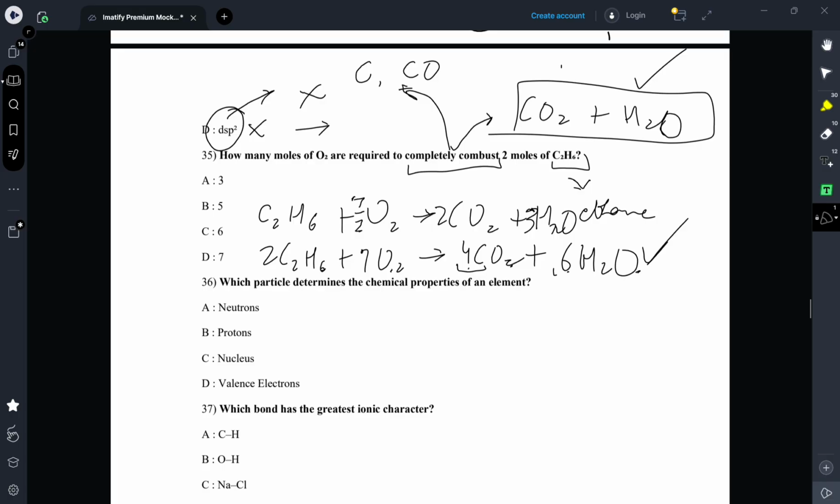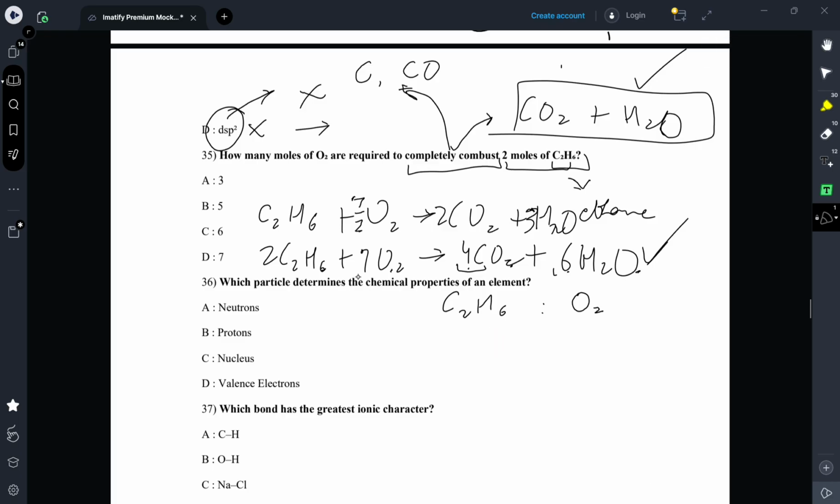How many moles of O2 are required to completely combust it? We have 2 moles of C2H6, and now how many moles of oxygen?